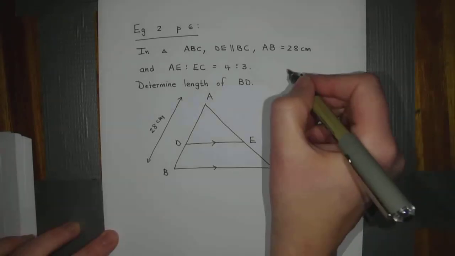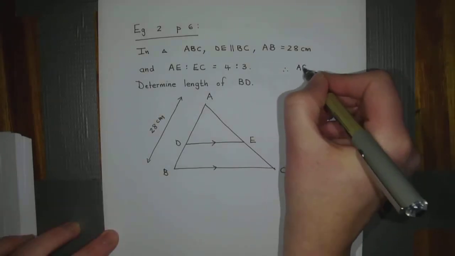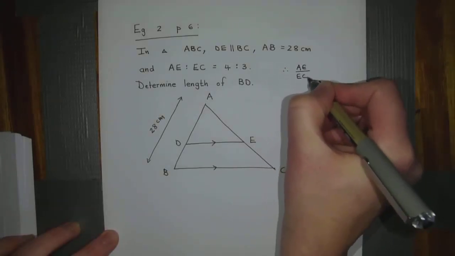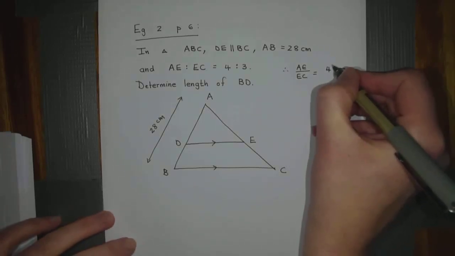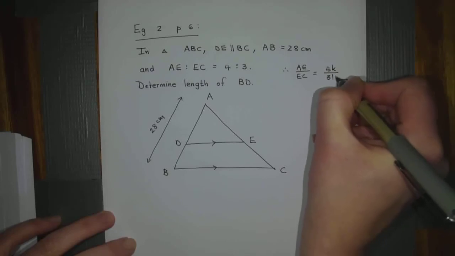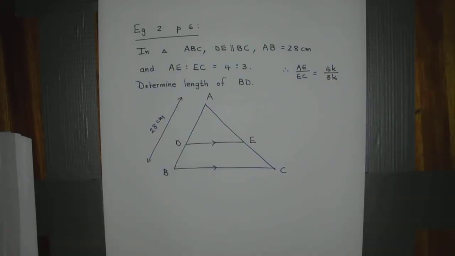So that means AE over EC, and like I said, people, this has got to be a habit with you guys. The moment you write down AE over EC is 4 over 3, never write down 4 over 3. Immediately write down a variable, because if you write 4 and 3, you're going to make the mistaken assumption that AE is equal to 4, which it's not, and that EC is equal to 3, which it is not.